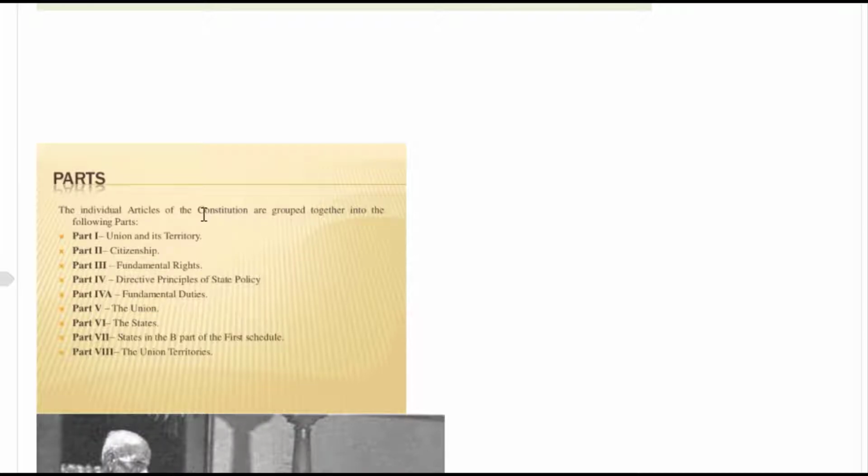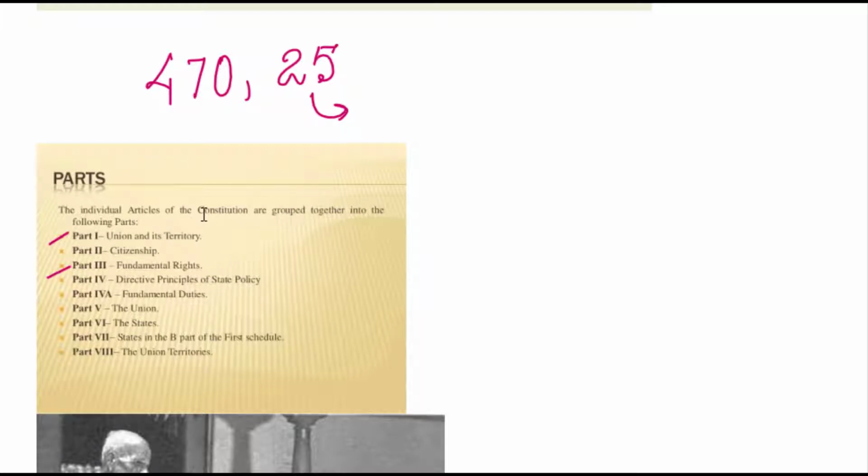Let's focus on the parts. Our constitution has 470 articles. They have been grouped together in 25 parts. Now, each part represents a theme. For example, Part 3 represents fundamental rights.